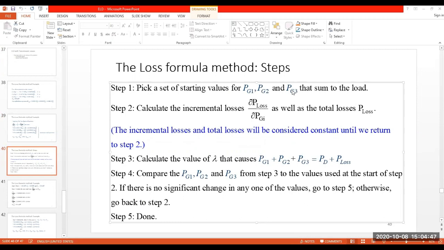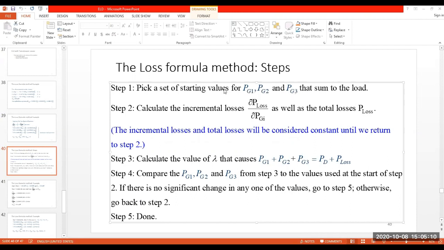But not for this example; in this example, we are not including them. Is my point clear? If you have the limits given, the starting value you pick should be within the limits. That is quite logical. But here, because you don't have the limits stated in the main problem, you don't have to bother about the limits. You can start with any values.